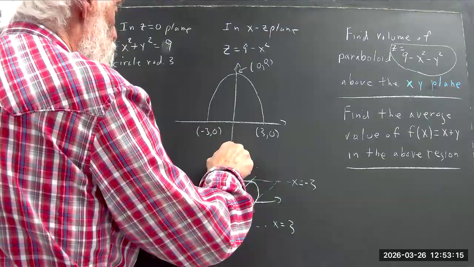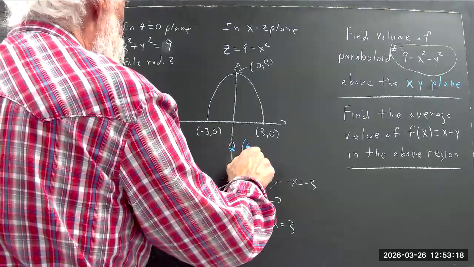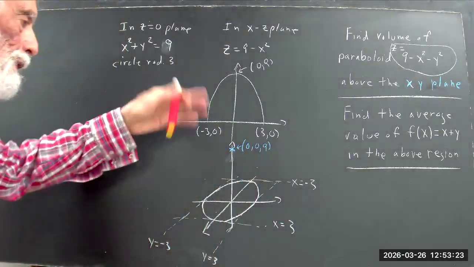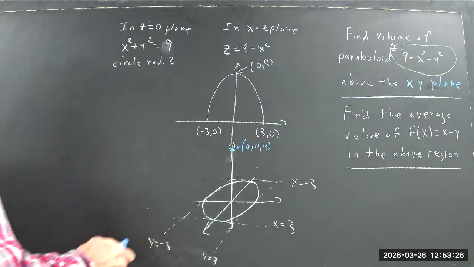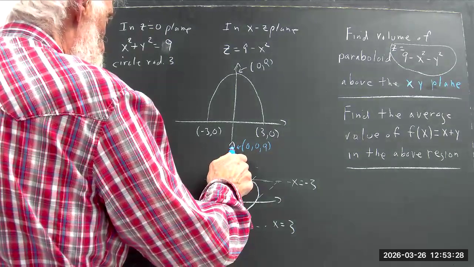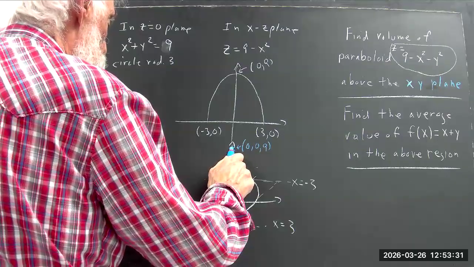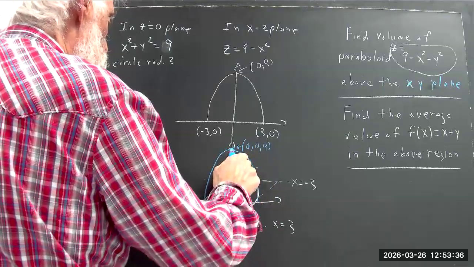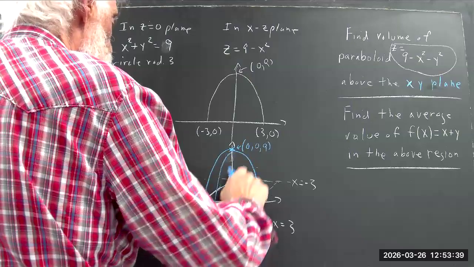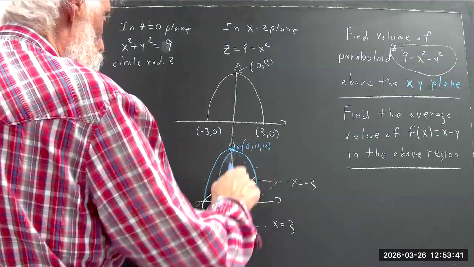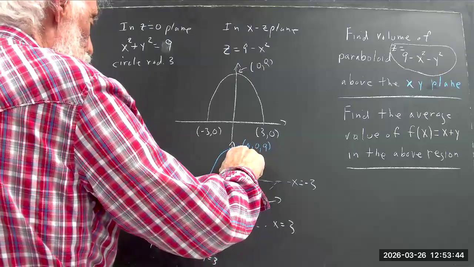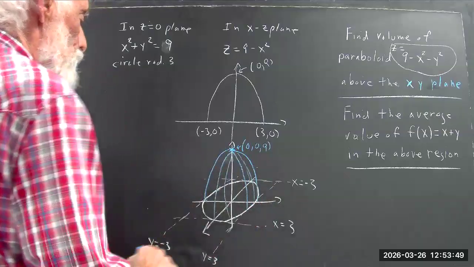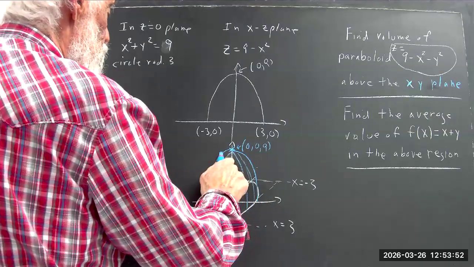Okay, let's say that z equals 9 here. So this is the point 0, 0, 9. Our z-scale's a little squashed from our x and y scales, but we can deal with that. Okay? So we would have a parabola coming down here. And we'd have a parabola coming down here and another one coming down over here. And we'd have parabolas coming down actually to every point. So we'd have something that looks like this.